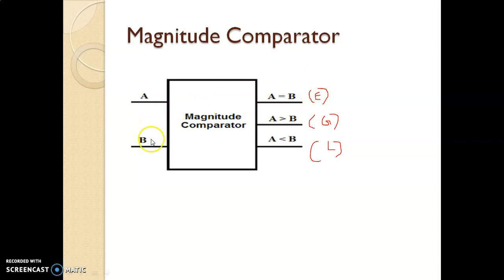It can be either equal, or A can be greater than B, or A can be less than B. Any one of the three outputs will be high at a time, depending upon your input numbers' magnitude. So that is a magnitude comparator circuit. You have three outputs, but only one will show the high value at a time. Now let's see how you will design this magnitude comparator.